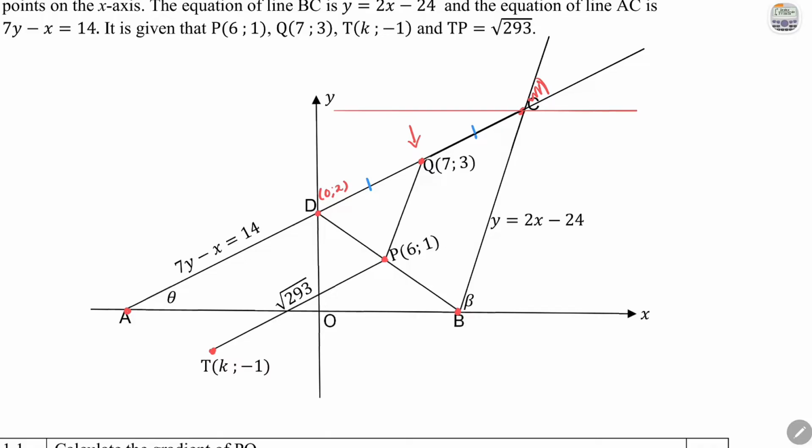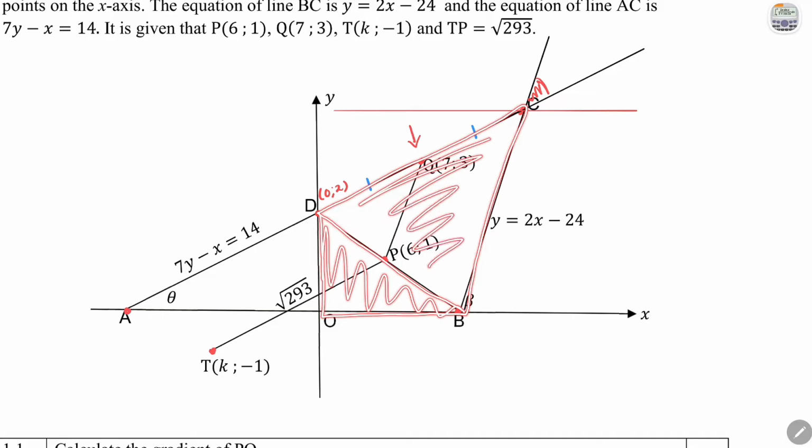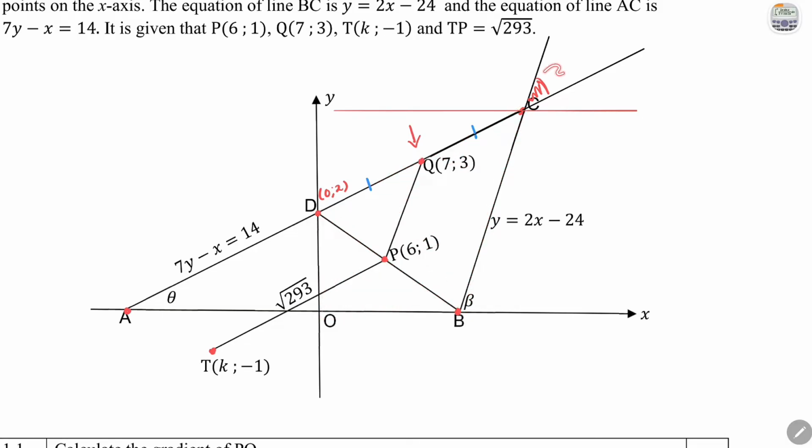So it's not a trapezium, meaning we would have to divide it. But let's take advantage of the fact that we actually have other shapes here. So let's divide it using the shapes that we already have here. See how we have this triangle, DOB. We could find the area of that triangle and then find the area of this triangle. And that would work out, because you see how they told us to find the angle ACB, right? So we already have this.